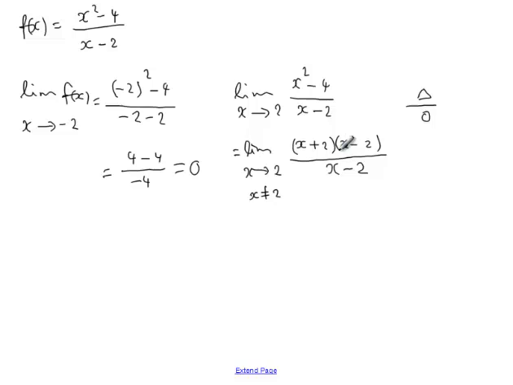But that situation is equivalent. If we factorize, we can simplify this factor to 1. Then it looks like we're calculating a limit as x approaching 2 of x plus 2. Now there's no undefined situation. We just plug in the value 2 and we get that our limit is equal to 4.